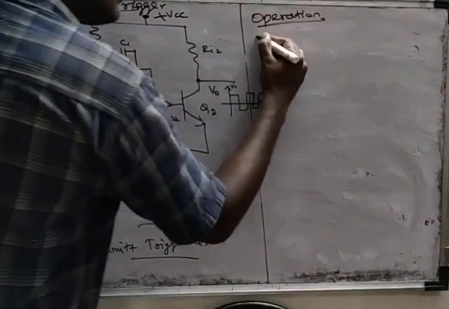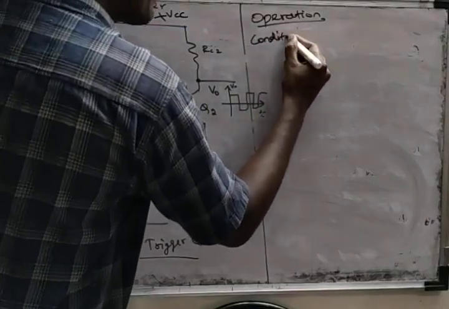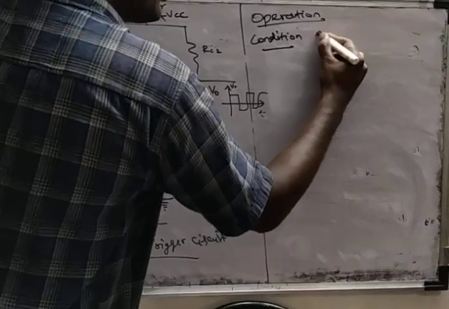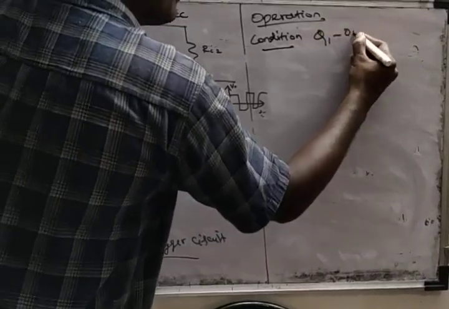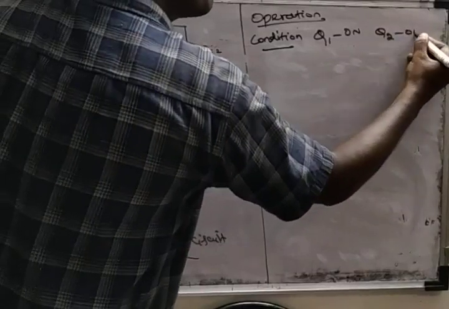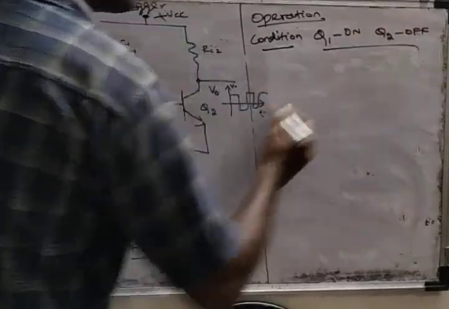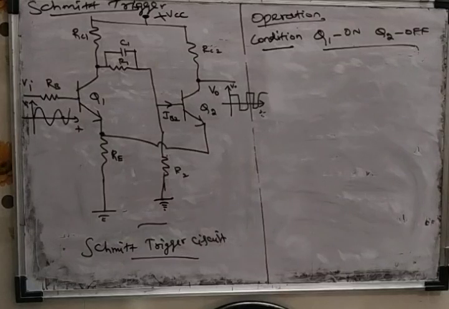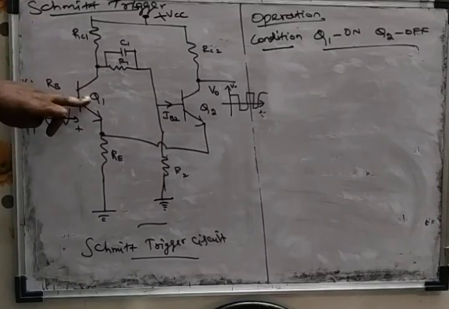First condition: I am assuming Q1 is on and Q2 is off. That is, a sine wave is applied to the base of transistor Q1.